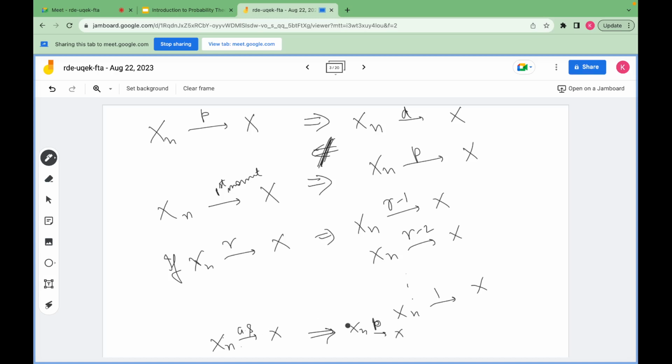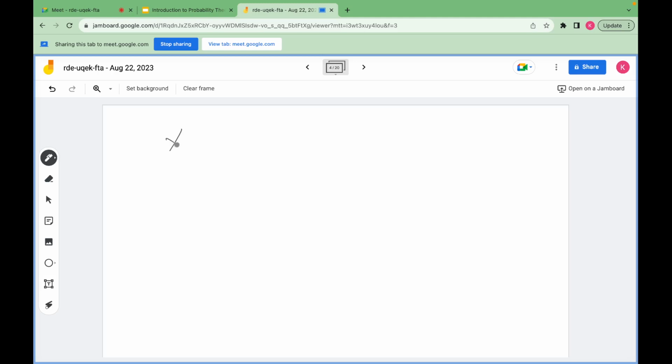Okay, so almost surely implies this, this implies this. Similarly this implies this, this implies this. So all of these are somewhat connected, but the distribution based one is not so connected. So we can make a graph like this.